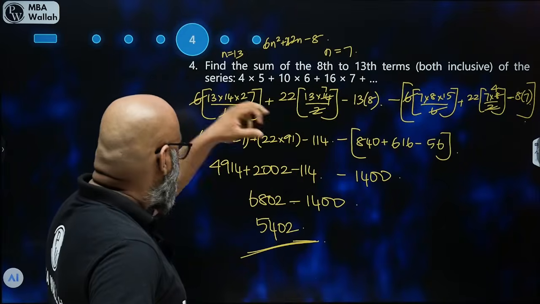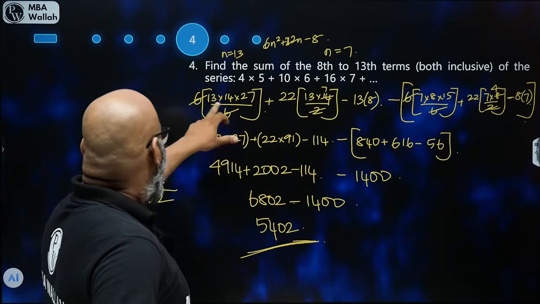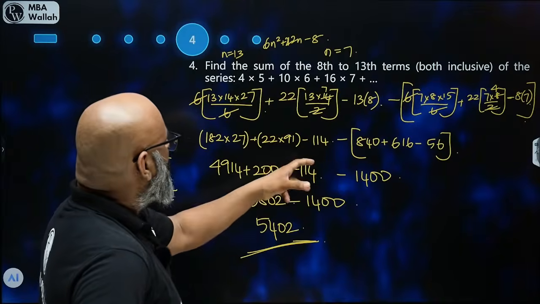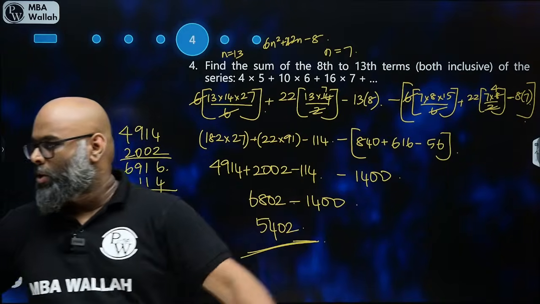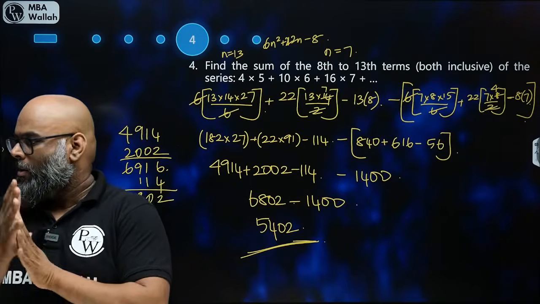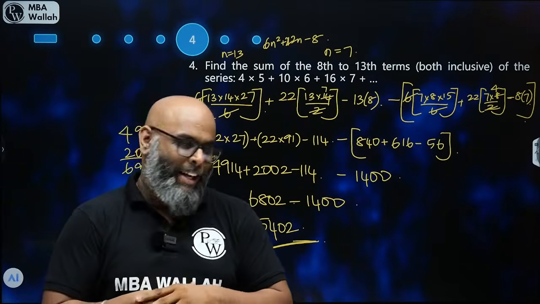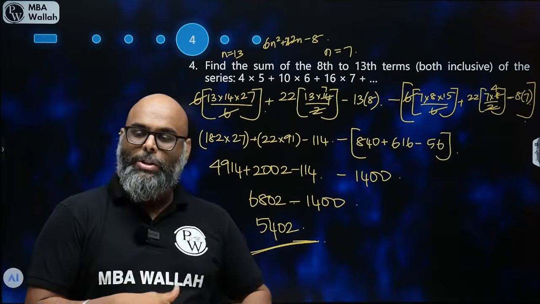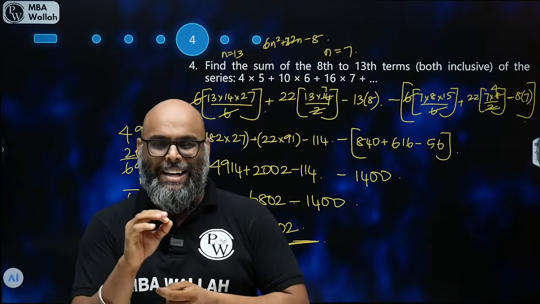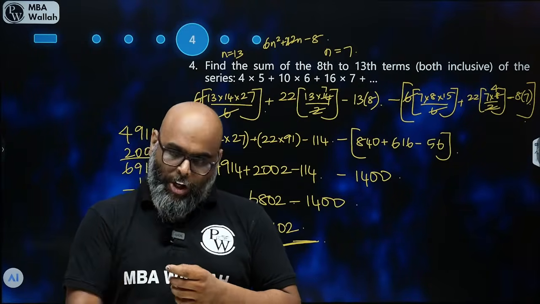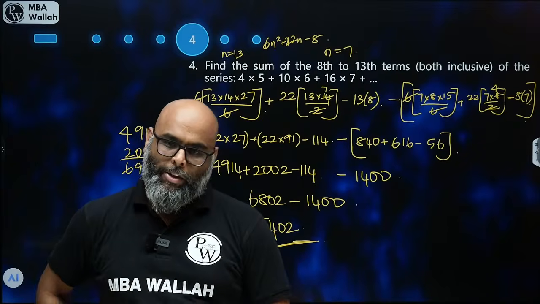1366 gets cancelled. 182 into 27, 22 into 91 minus 114. 5402 is our answer. Right? We just have to be a little more cautious. Sometimes we make mistakes, and in questions that go this lengthy, you have to be a little more cautious. Recheck it to ensure that we are not making any mistakes.